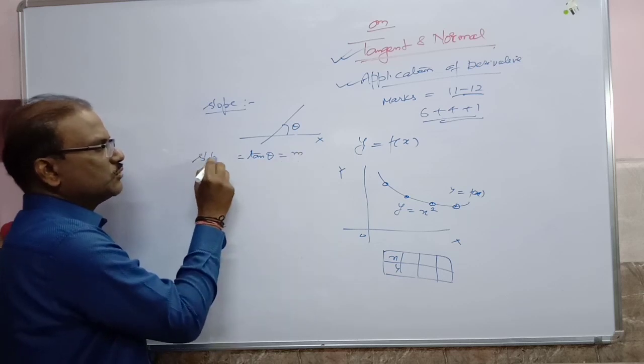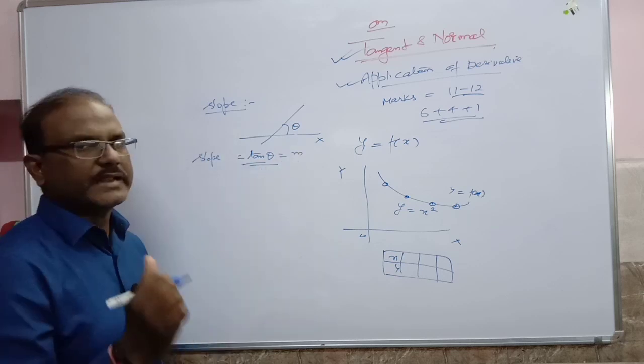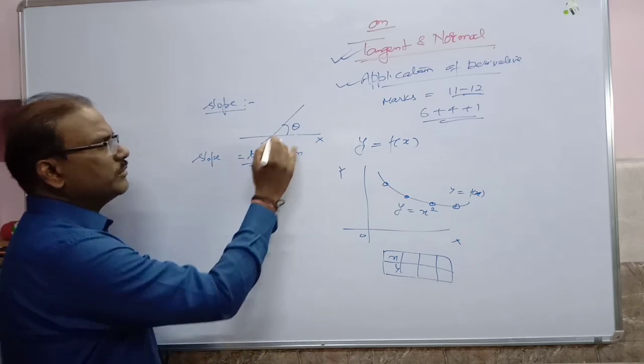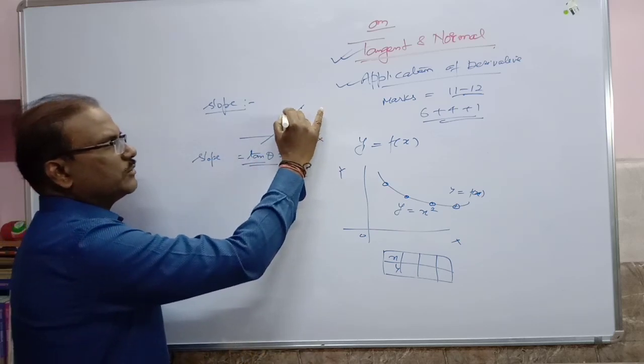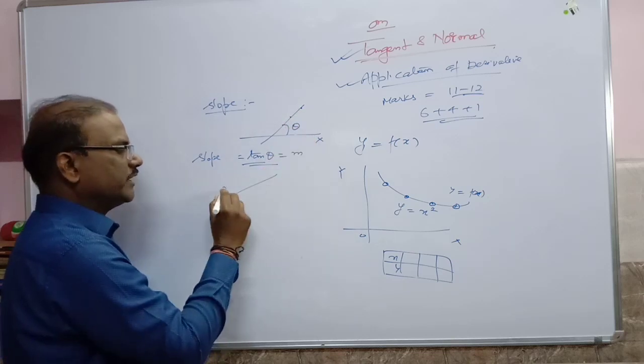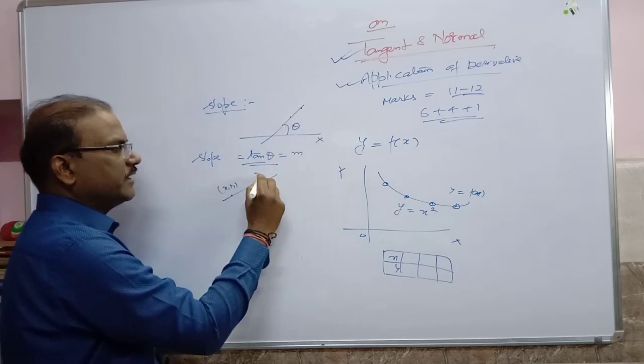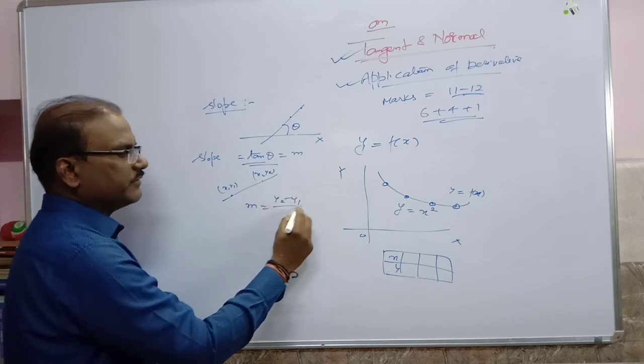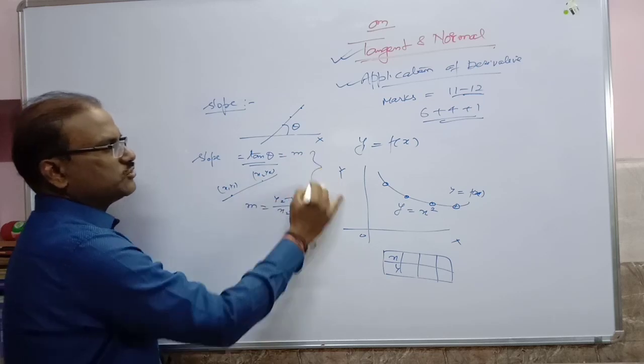This is our slope, also known as gradient. If two points x1, y1 and x2, y2 are known, then we can find the slope of the line as y2 minus y1 upon x2 minus x1.